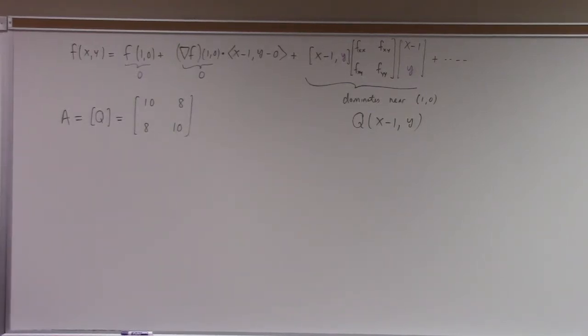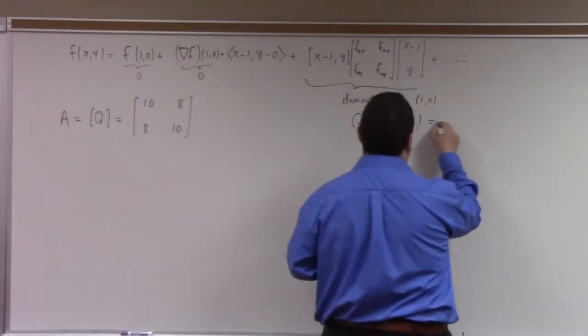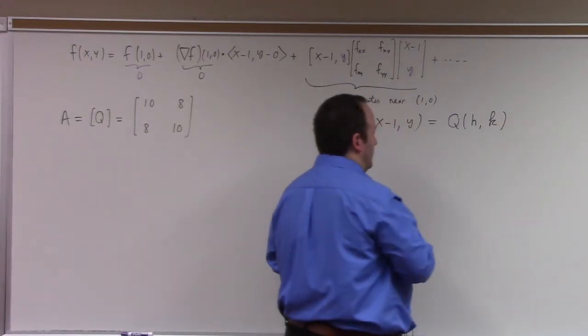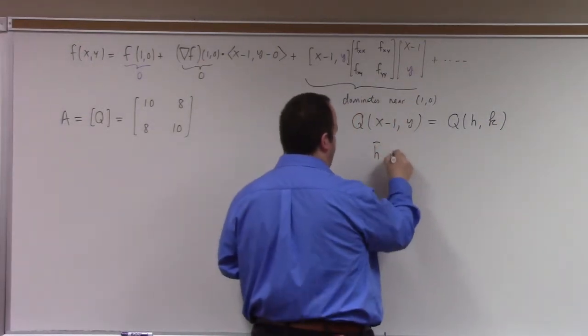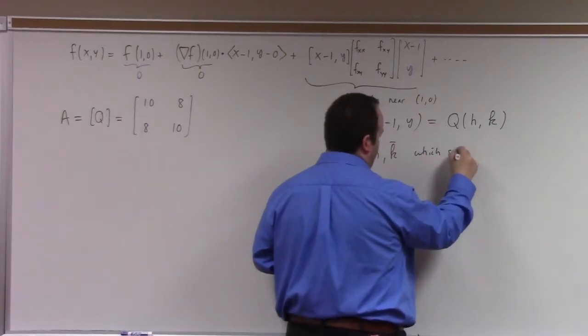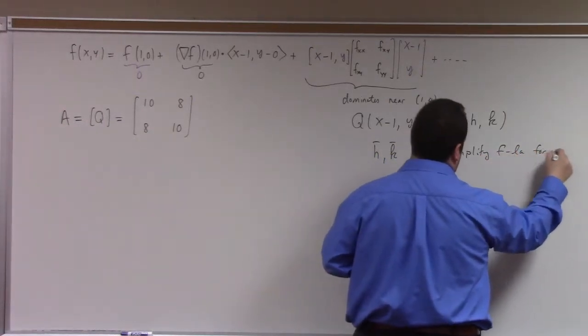Anyway, in fact, I think it's probably healthier, instead of thinking about x's and y's, for us to think about, say, h and k, all right? And basically, our goal is to find h bar and k bar, which simplify the formula for Q.